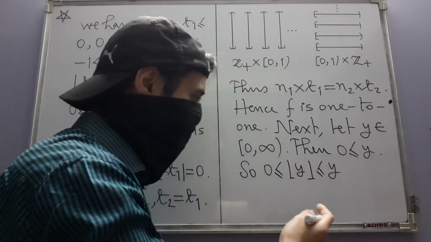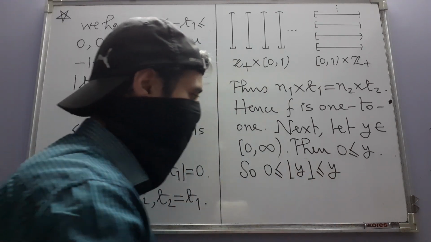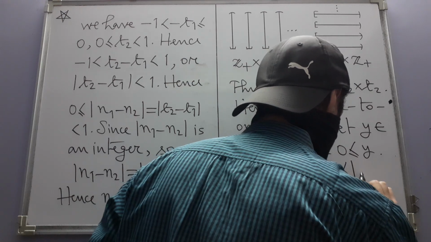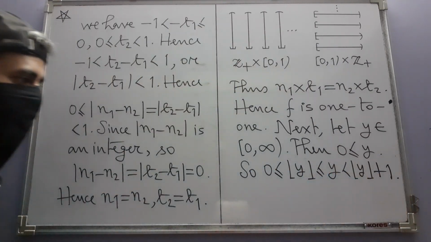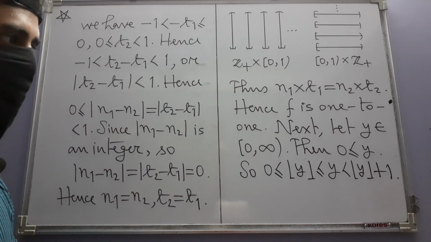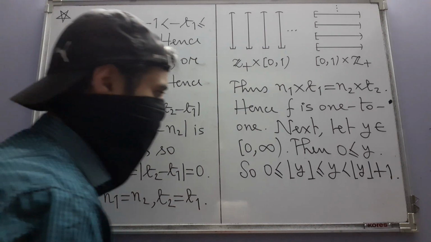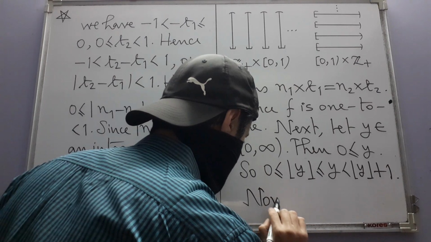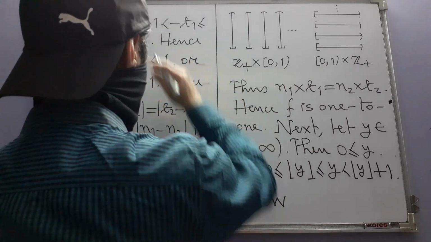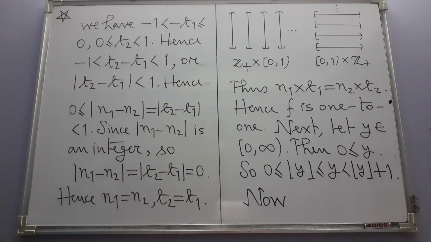But the next integer has to then be greater than y, and the next integer is floor y plus 1. Okay. Now, I think it will be better if I do the calculation on this side.